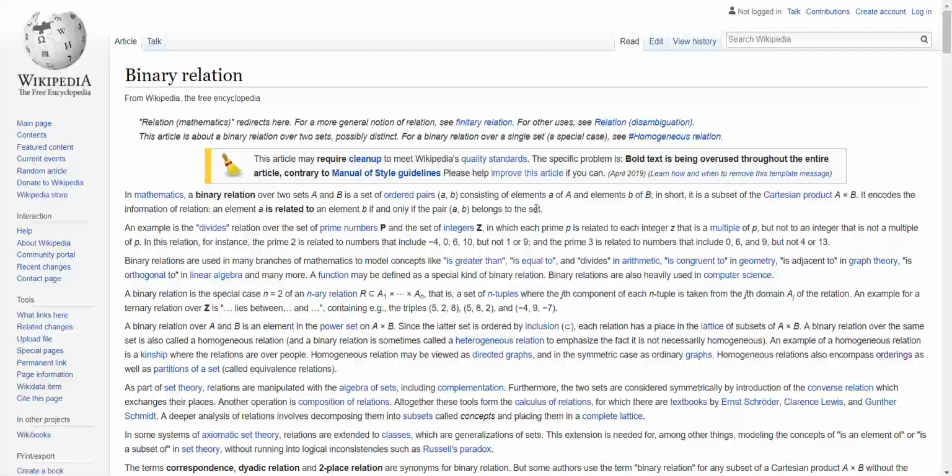The example divides the relation over the set of primes P and the set of integers Z, in which a prime p is related to each integer z that is a multiple of p, but not to another integer that is not a multiple of p. In this relation, the prime 2 is related to the even numbers but not to 1 or 9, and the prime 3 is related to multiples of 3. Binary relations are used in many branches.